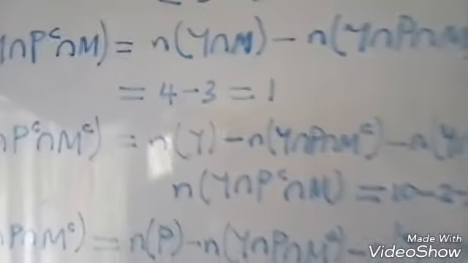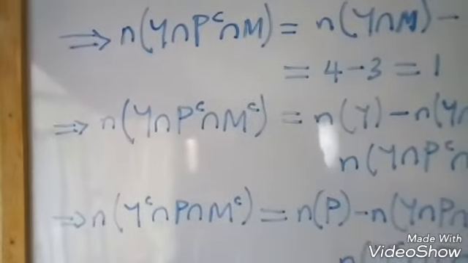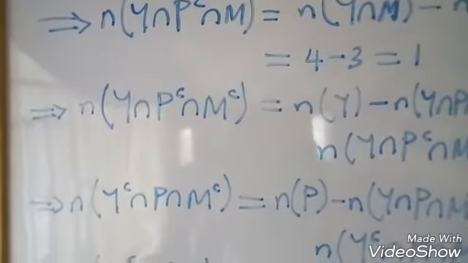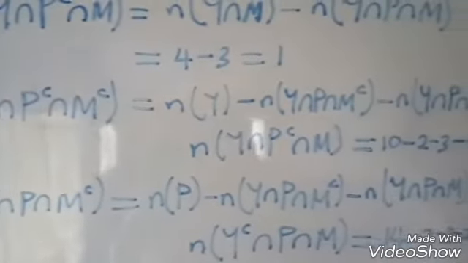Then those who sold yam only, that is N of yam intersection, N of Y intersection P complement intersection M complement.